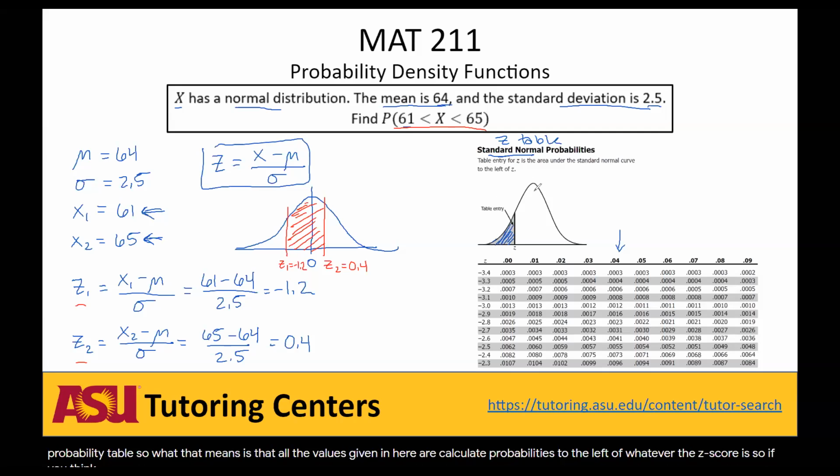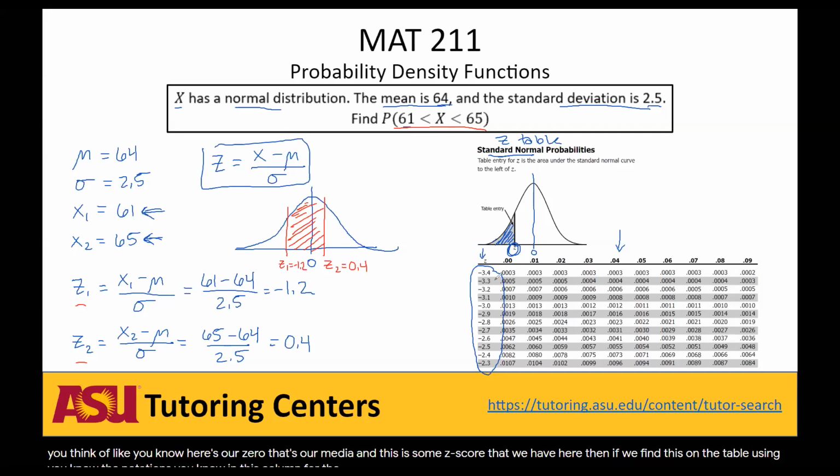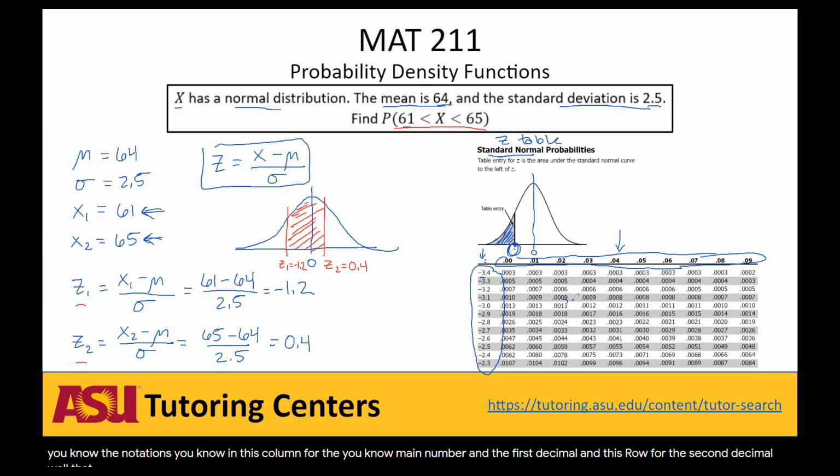So if you think of, here's our 0, that's our median, and this is some Z-score that we have here, then if we find this on the table, using this column for the main number and the first decimal, and this row for the second decimal, that number inside of here corresponds to the area under the curve, which is the probability to the left of the Z-score.